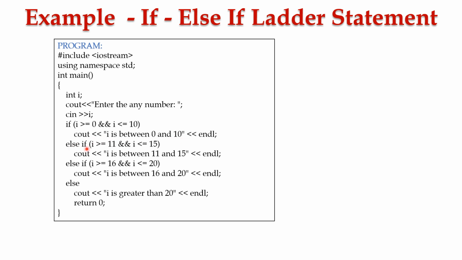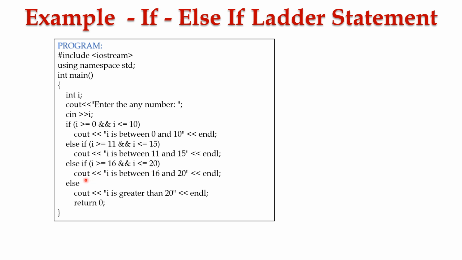Next, the else-if part. In the else-if part, i should be greater than or equal to 11 and i should be less than or equal to 15. If so, using a cout statement, "i is between 11 and 15" is displayed to the user. Next, another else-if condition where i should be greater than or equal to 16 and i should be less than or equal to 20.